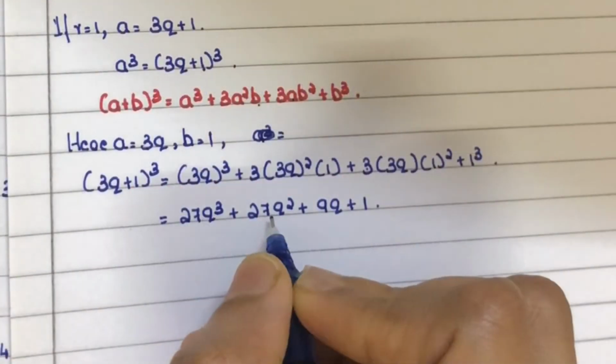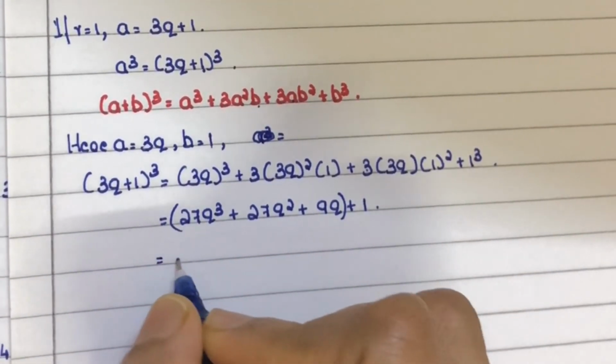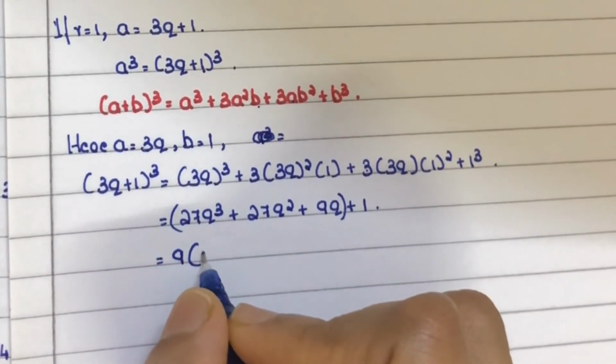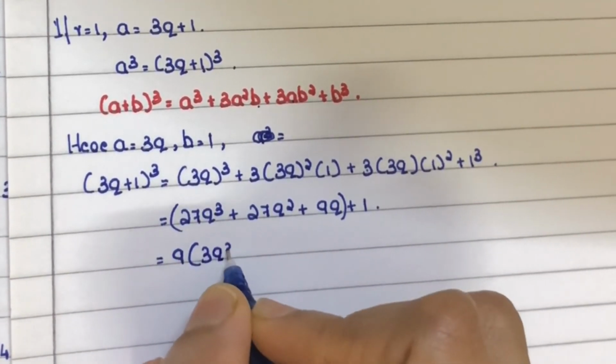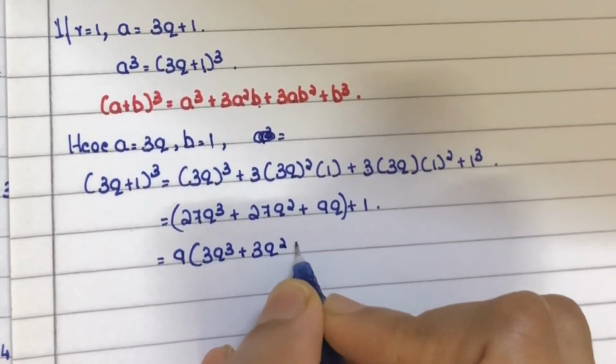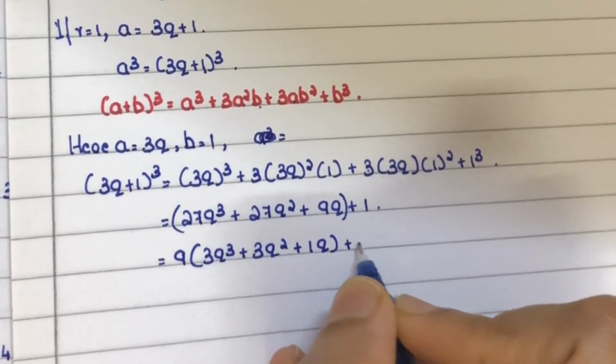The first 3 terms, 9 is common, isn't it now? So take it out, that is 9 into 3 is 27. So 3q cube plus again 3q square plus 9 into 1, so q plus 1.